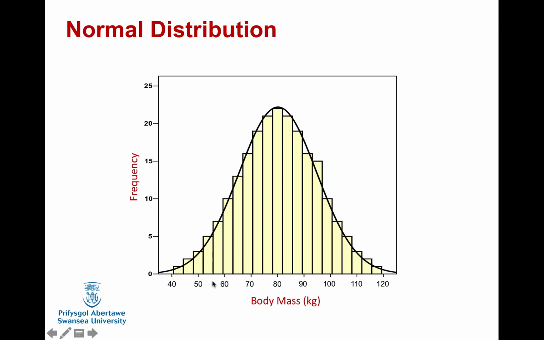So we plot all the potential values from our population that we've measured of body mass, okay? And on the y-axis here, what we're looking at is the frequency at which that particular measurement occurs in our population, okay? And what you can see from that is that around measurements of 80 kilograms, just as an example in this case, that's the most common frequency occurring in our population.